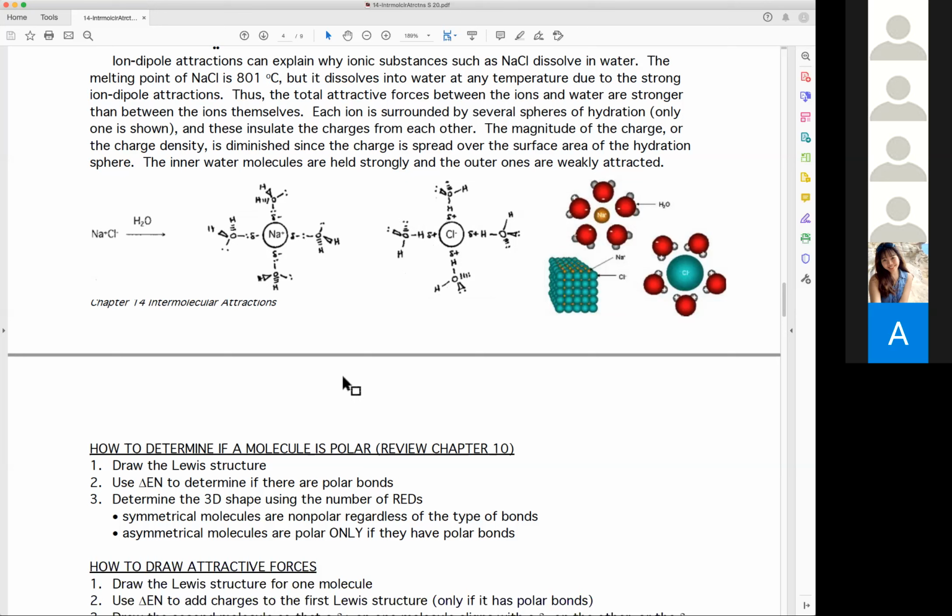So you get another layer of water molecules, another layer of the same thing. So eventually, the attractive forces between the water and the chloride and the water and the sodium become much more powerful than the attractive force between the bare sodium and the bare chloride together. Does that make sense? So again, it's about attractive forces.